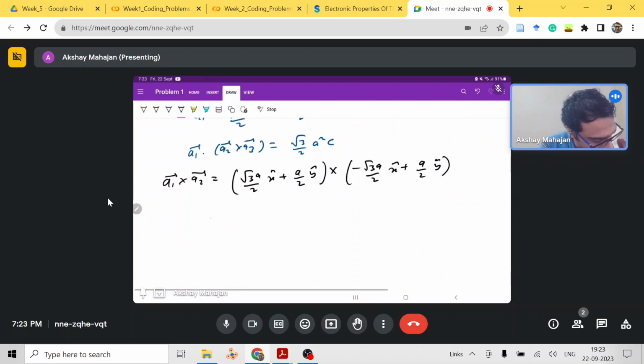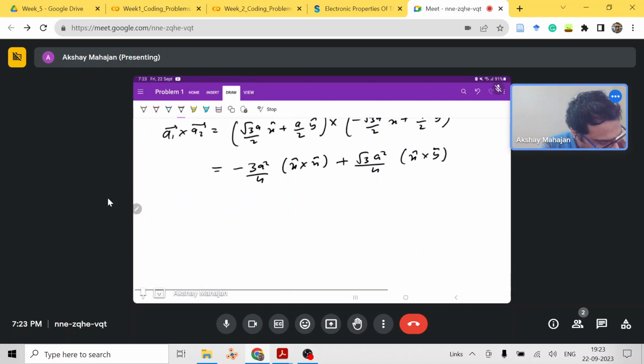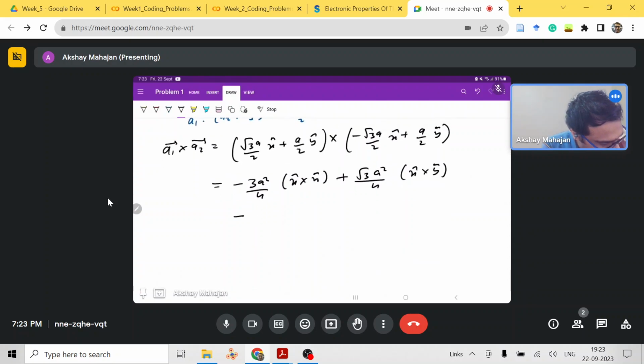Now from here we will have minus 3 a square by 4 x cap cross x cap, plus root 3 a square by 4 x cap cross y cap, minus root 3 a square by 4 y cap cross x cap, and plus a square by 4 y cap cross y cap.